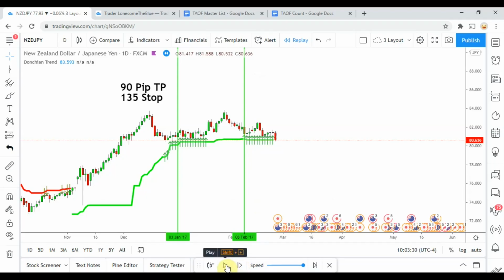Now, what I'm going to do is, if there continues to be a string of arrows like this, I'm not going to consider a continuation. So in this particular case, what some may consider doing is, once it comes up and hits take profit, it comes down and stops us out on the rest.